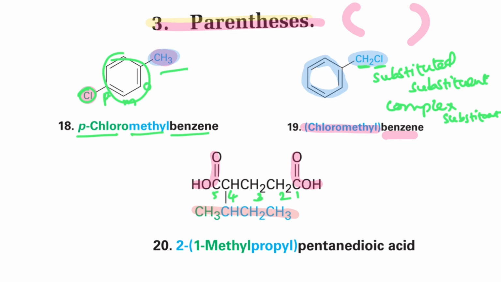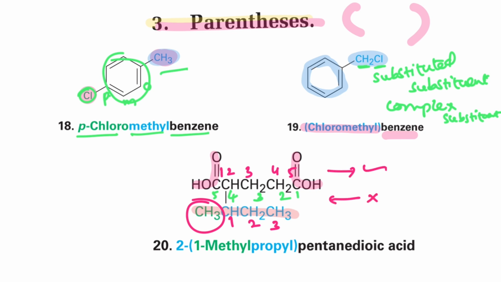Total 5 carbons are present. Again numbering will be given like this: 1, 2, 3. First position we have the one substituent. We can give numbers from left to right also, right to left also.